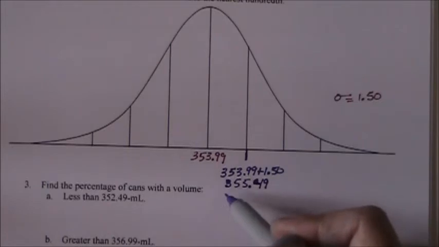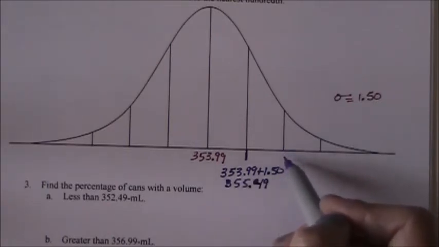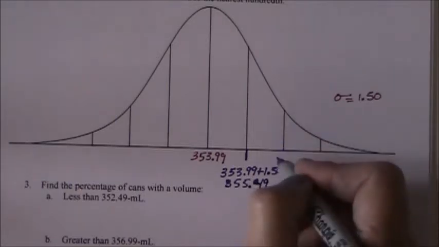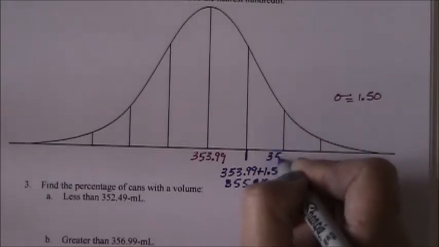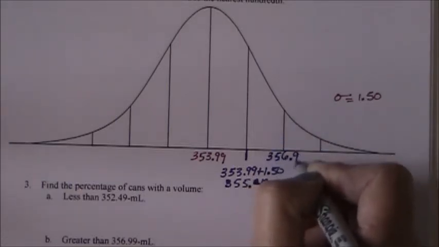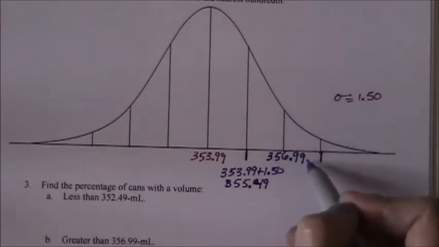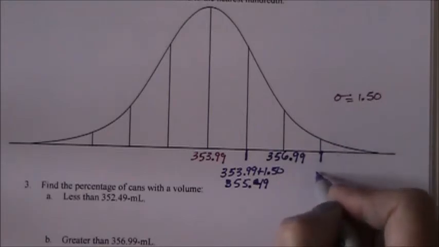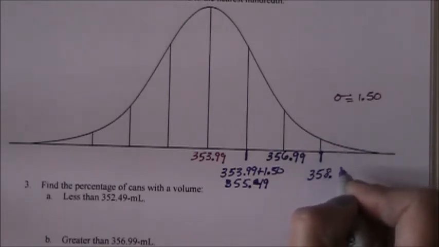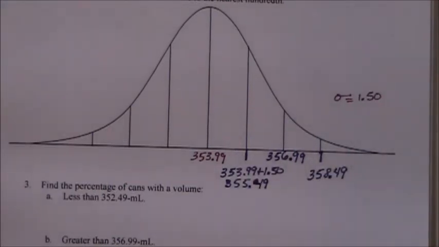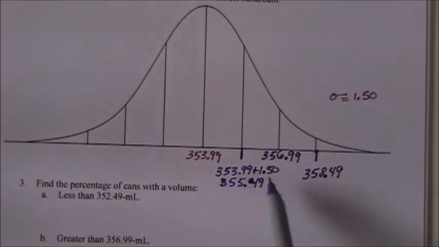When we add 1.5 to this to get our next spot, we're going to end up with 356.99. And then this one, when we add 1.5 to this, we will get 358.49. So now we've done the adding 1 standard deviation to get our 3 that are going up.